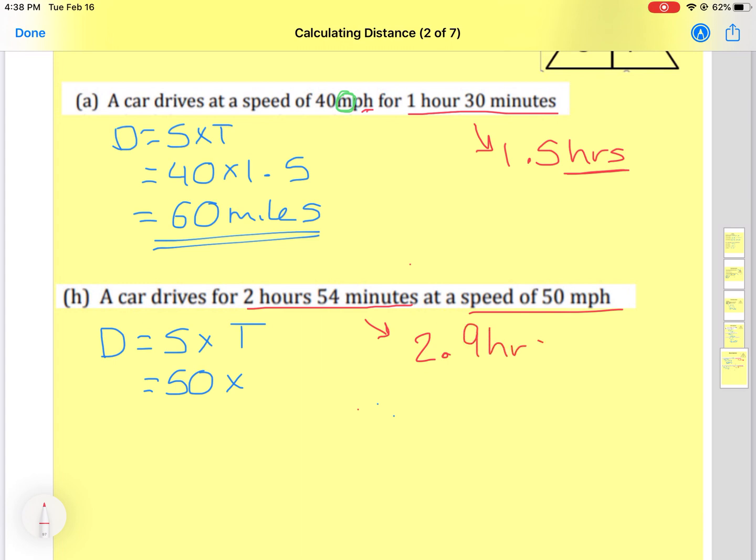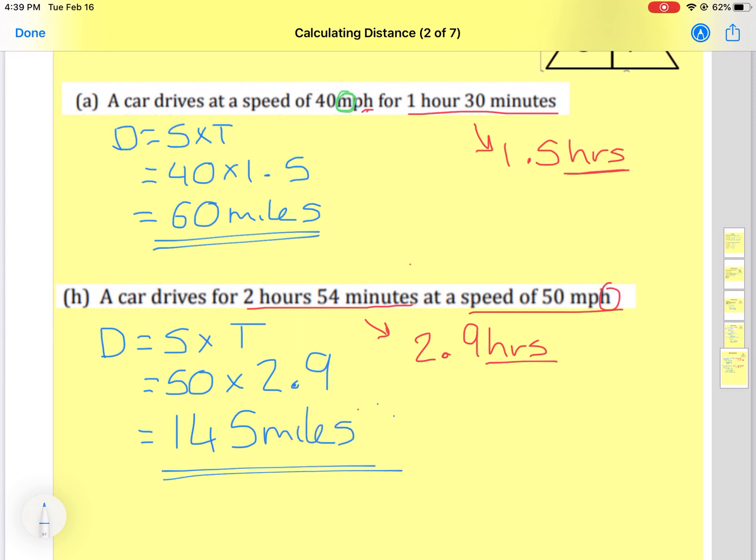So it's 2.9 hours. Hours and hours match up. So we can use the 2.9 in the formula. Pop that in your calculator, 50 times 2.9, and we will get 145 miles as our final answer.